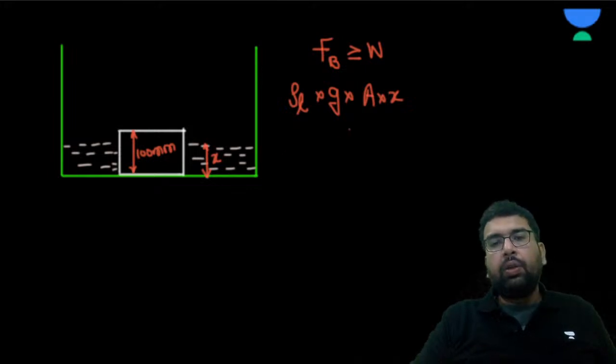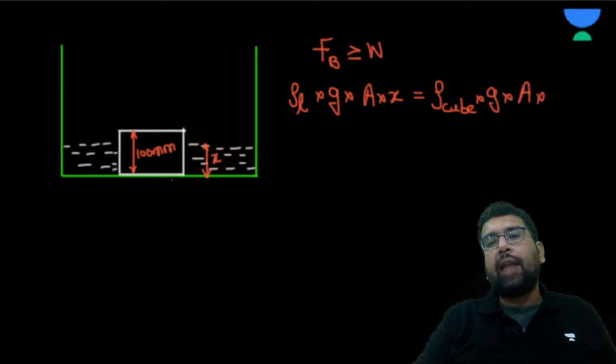And this is equal to the weight. So weight of the cube is density of the cube into g into volume, that is area into the height, that is 100 mm, isn't it?